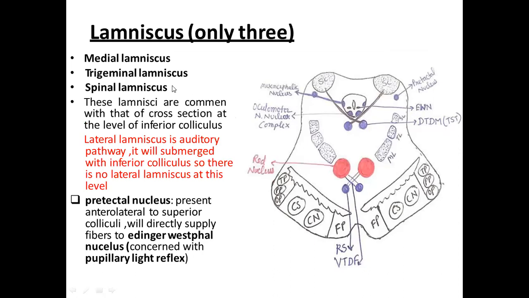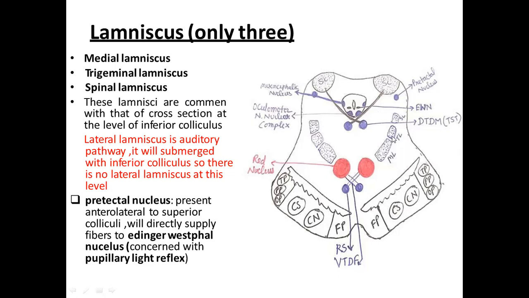Lemniscus. If you see the cut section, we can see three lemnisci. One is the medial lemniscus, the other is the trigeminal lemniscus, and the third one is the spinal lemniscus.